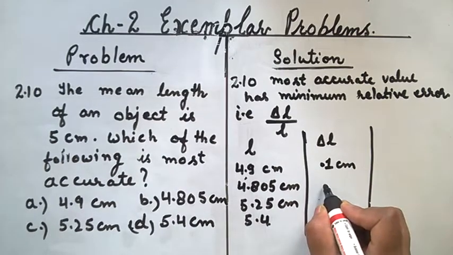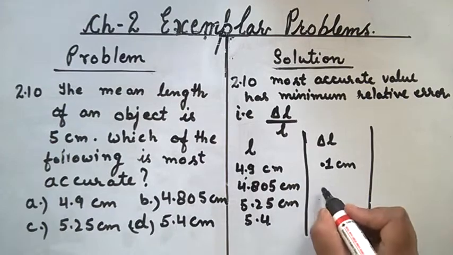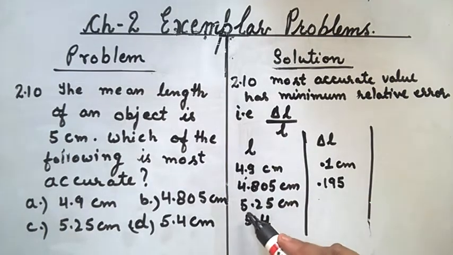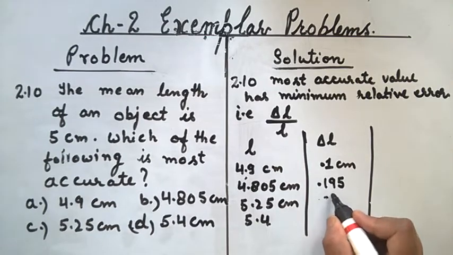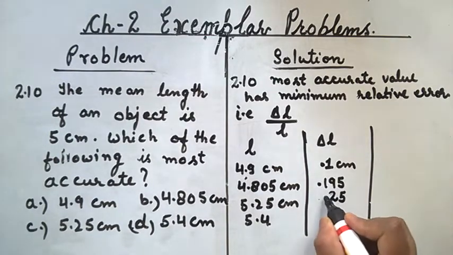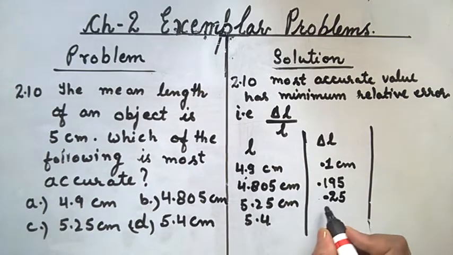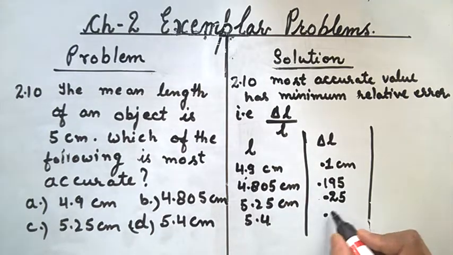Here it is 5 minus 4.805, that is 0.195. 5 minus 5.25, that is 0.25, we consider the magnitude only. Next is 5 minus 5.4, that is 0.4.